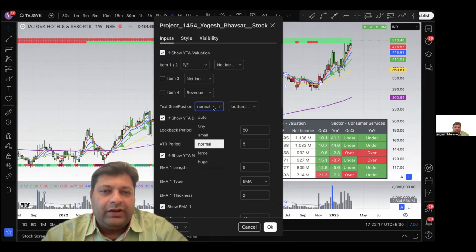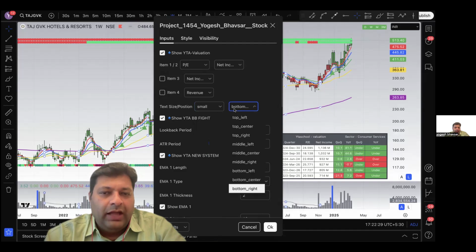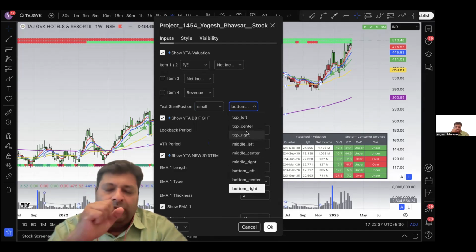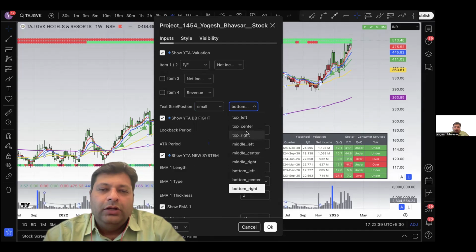Over here, you can change the shape or the size of the YT evaluation from auto, tiny, small, normal, large, huge, whatever you feel like. I generally use small. And over here, you can set the position of the table, which helps you to see the entire system properly.